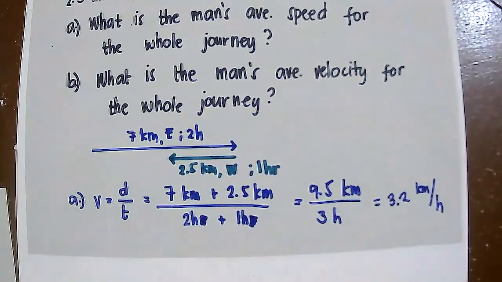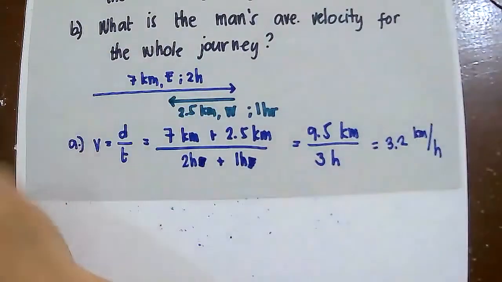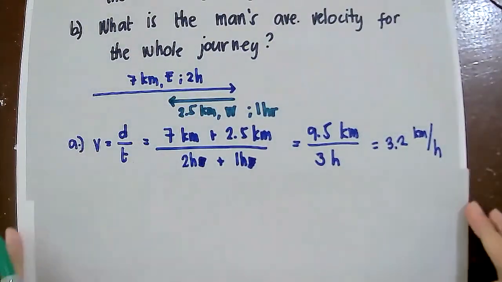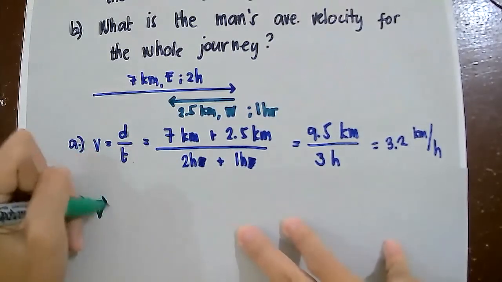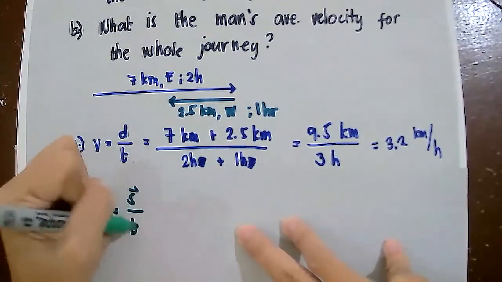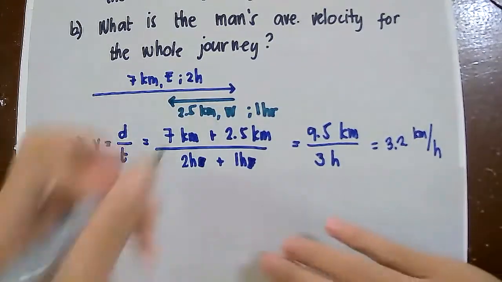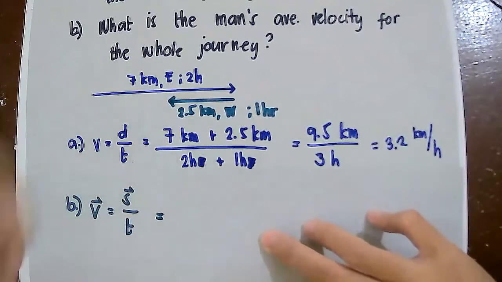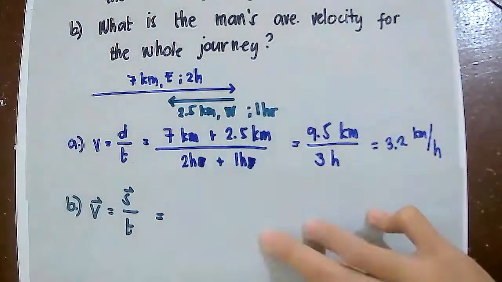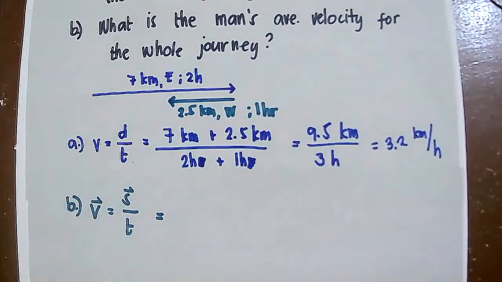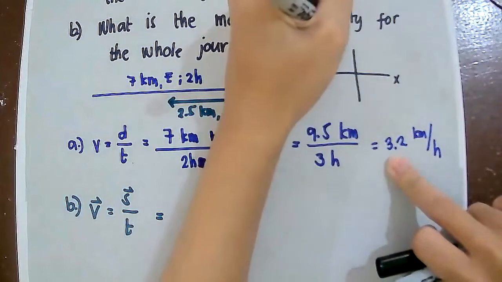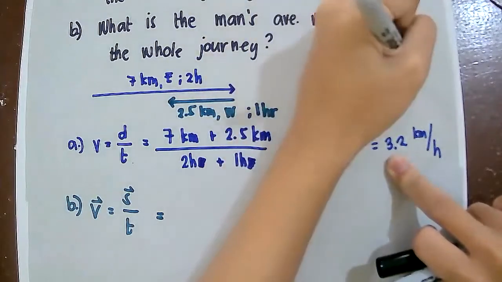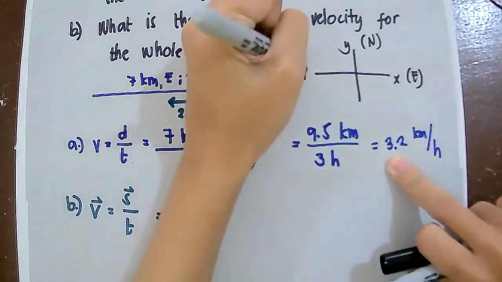Now what about your velocity? For velocity, you have here equal to displacement over time. Now here, mag-matter na si direction. So let's say your direction for 7 kilometers is going east, so that's going to be positive x. If you have here your Cartesian plane, this is x, this is y, or this is north, east, west, and your south.